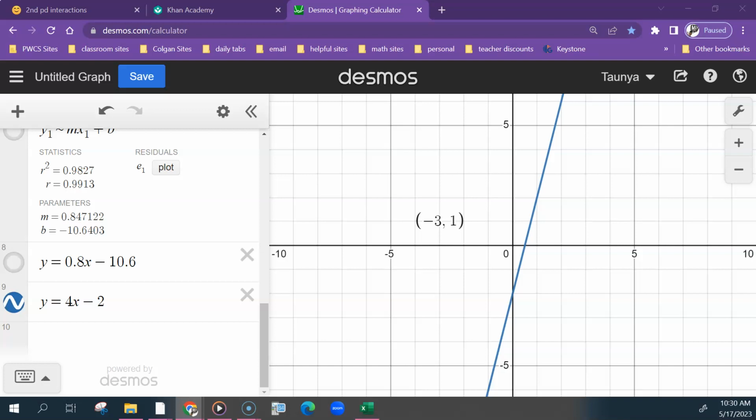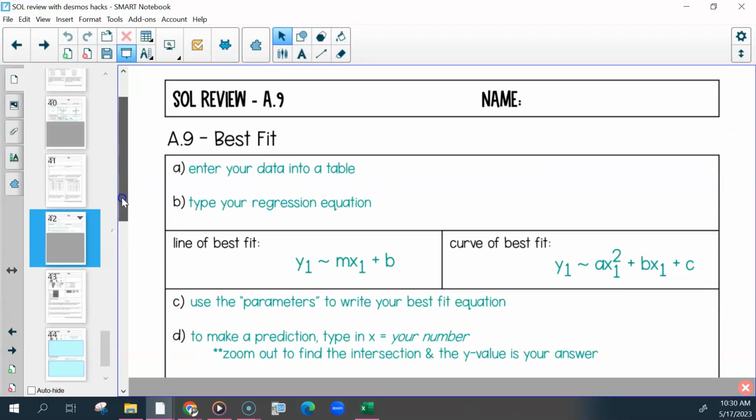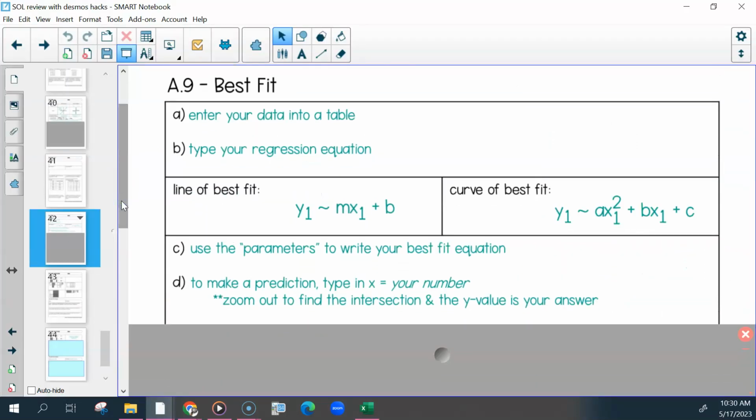And you can write this down, find page A9. Does anyone need another one of those?